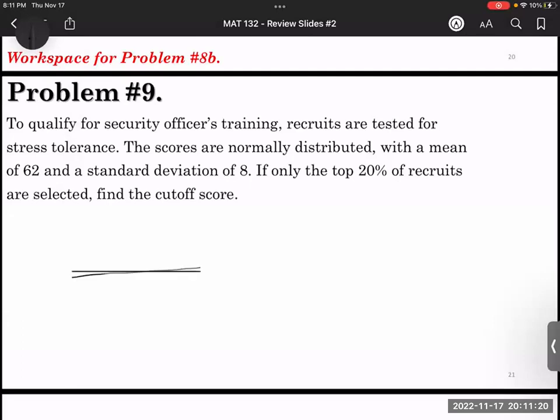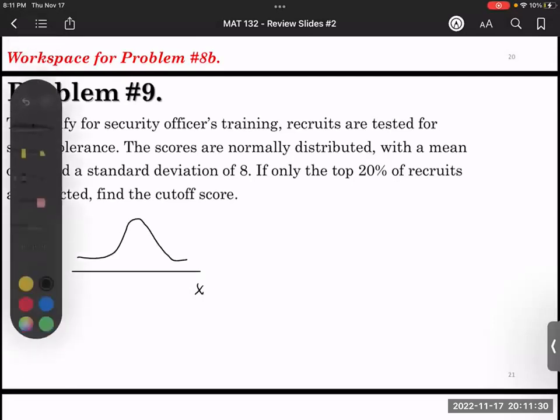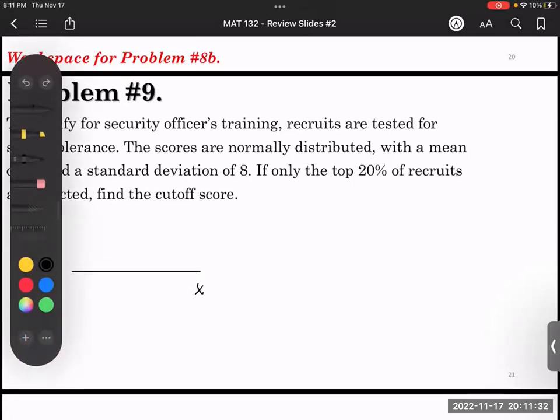You see, if you have a non-standard variable, let's call it x, right? You have a non-standard normal distribution. It's in terms of x, right? That was a bad bell shape. If you have a non-standard normal distribution, then we can standardize that distribution.